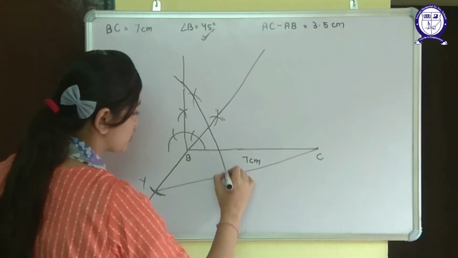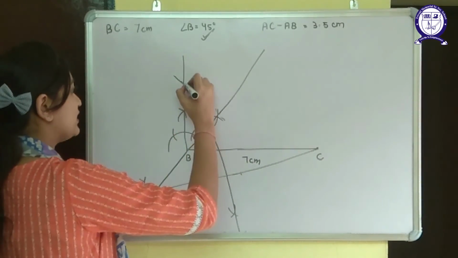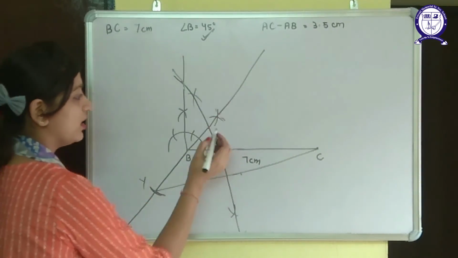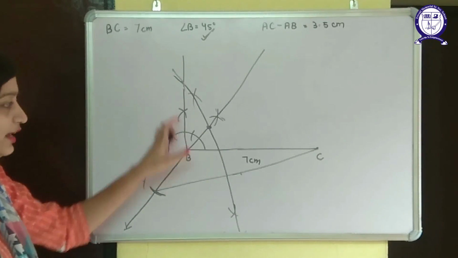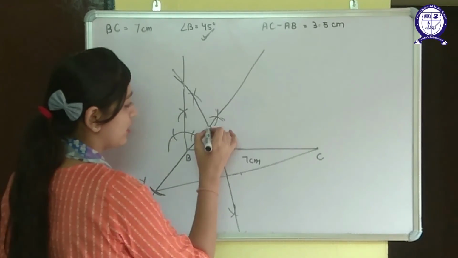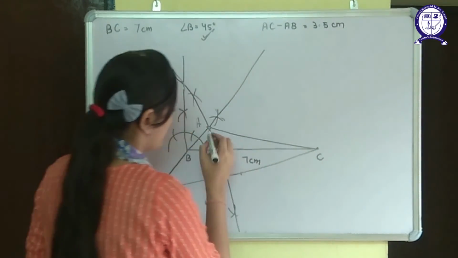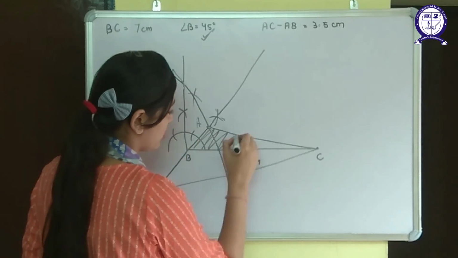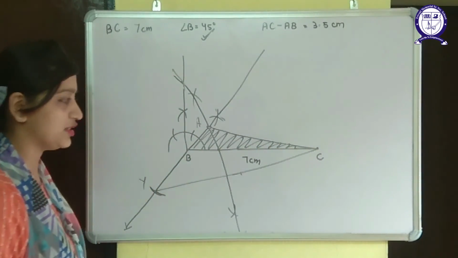Then join these 2 points. Now where does this line cut my angle? At this point, not the angle of 90 degrees, the angle of 45 degrees. It cut it here, so this will be my point A, and join AC. So this triangle is my required triangle ABC.